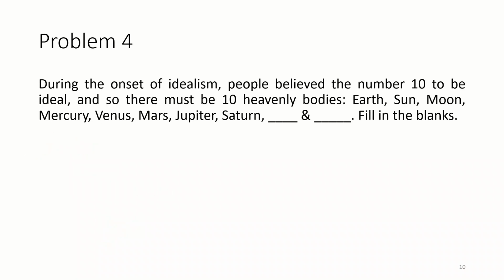Okay, a continuation kind of question. At the onset of idealism, people believed in the number of the shape. They also believed in the number 10 being ideal, because there must be 10 heavenly bodies. So they pre-assumed that there are 10 heavenly bodies. They discovered Earth, Sun, Moon, Mercury, Venus, Mars, Jupiter, Saturn, and these are the two blanks that we have to fill.